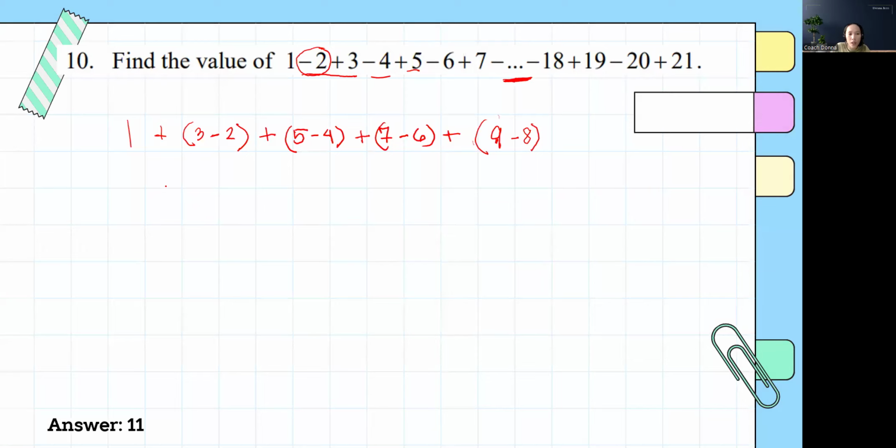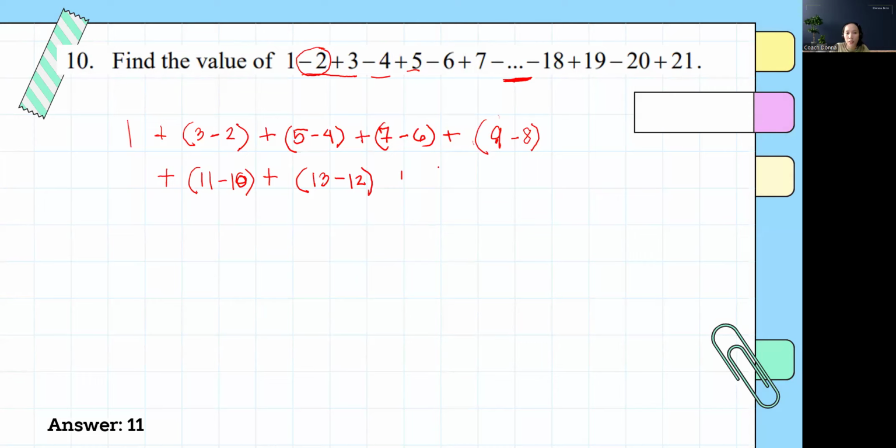And then we also have plus 11 minus 10, plus 13 minus 12, and so on.